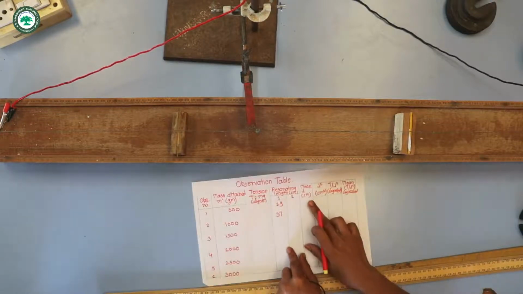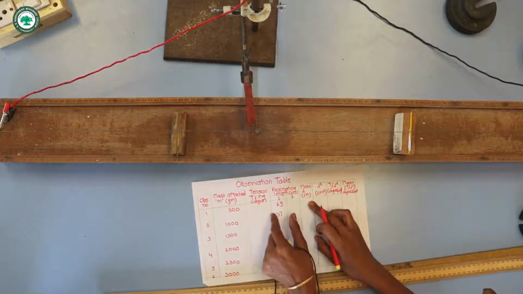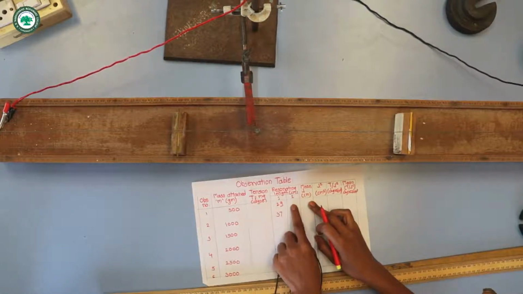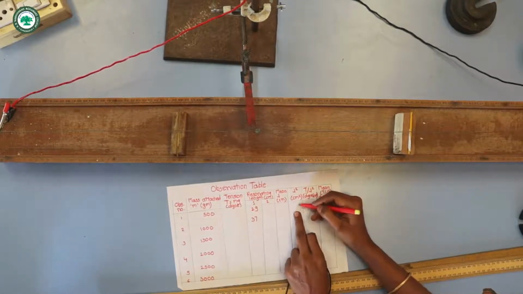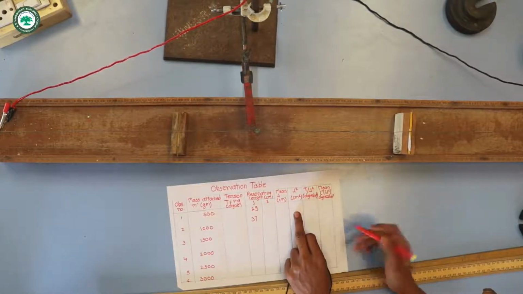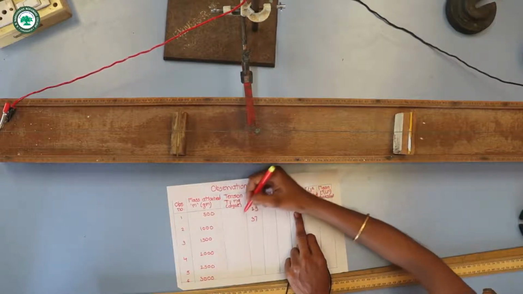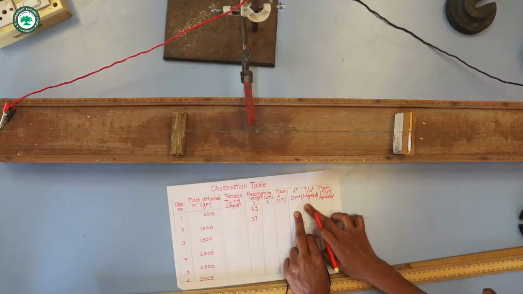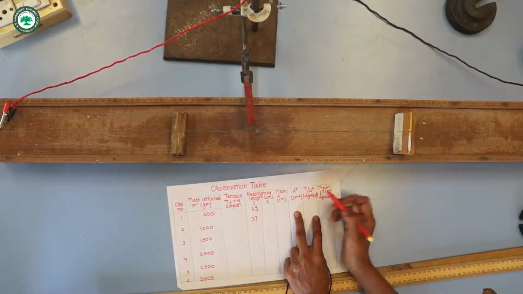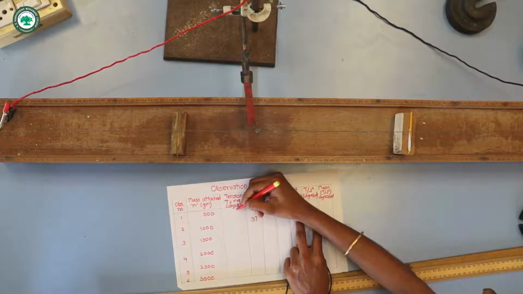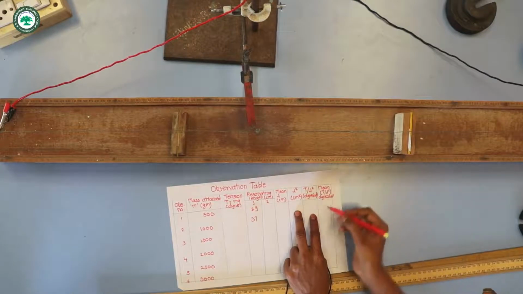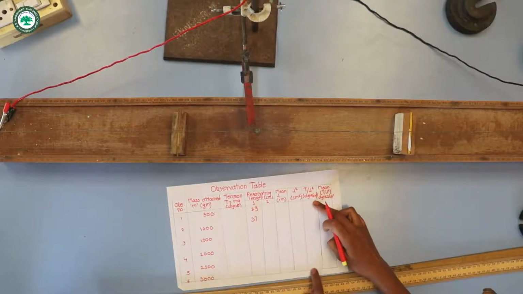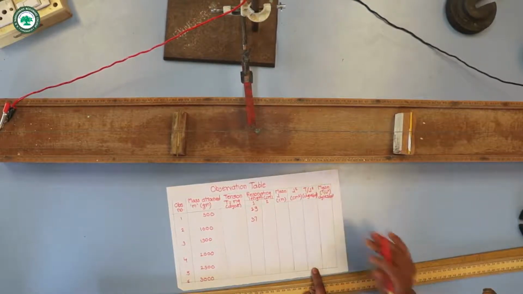Then one has to take the mean length, which will be the mean of the first and second column of resonating length. Then one has to take the square of this mean length, which is in centimeter square. Then as T is equal to M into G is calculated, one can write T by L square, taking T from the third column and L square from this column, which has the unit dyne per centimeter square.